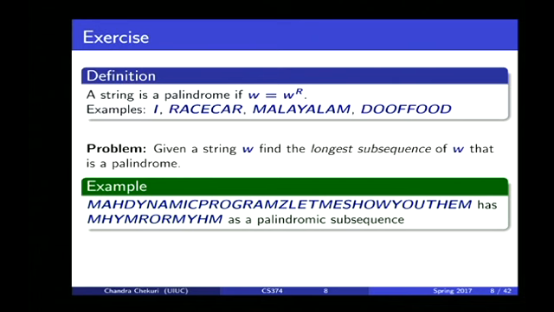Intuitively you may think this M should be matched to this M, but maybe you're not sure, but you can try all possible ways of matching this M with any of these Ms. But in each of these cases, what is the new problem you're getting?